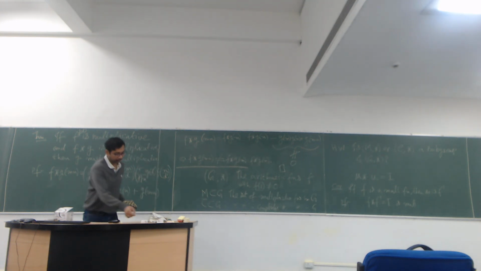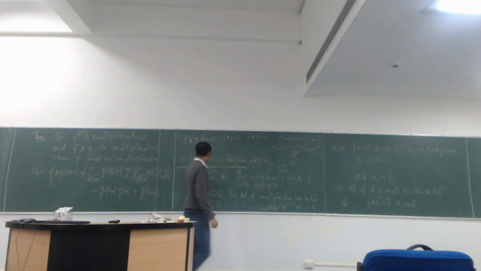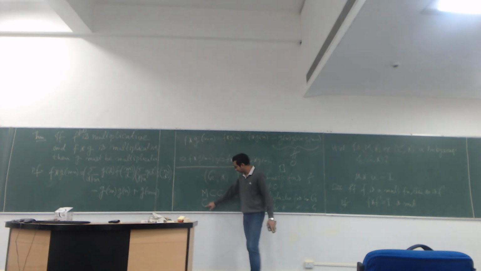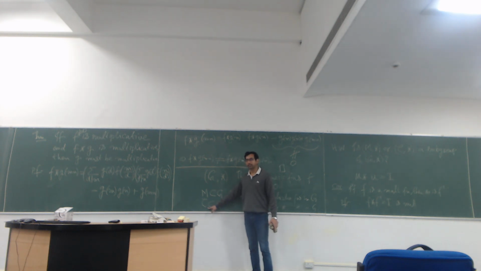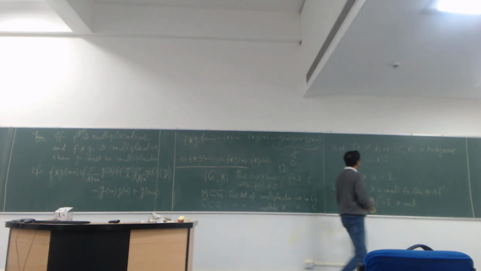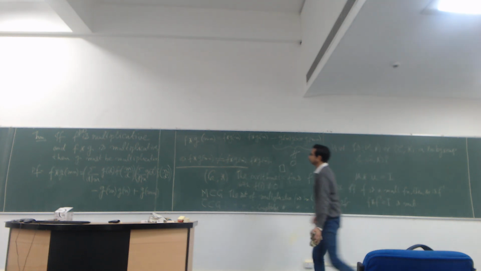Now, we already saw that there are completely multiplicative functions which don't have a completely multiplicative inverse. But can you say at least that completely multiplicative functions have multiplicative inverses? It turns out to be so.